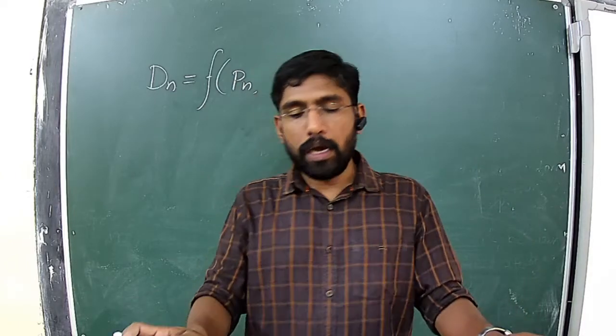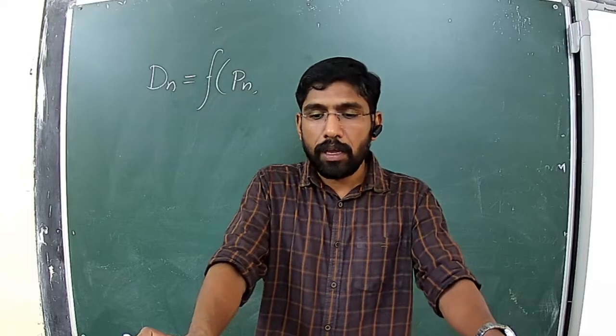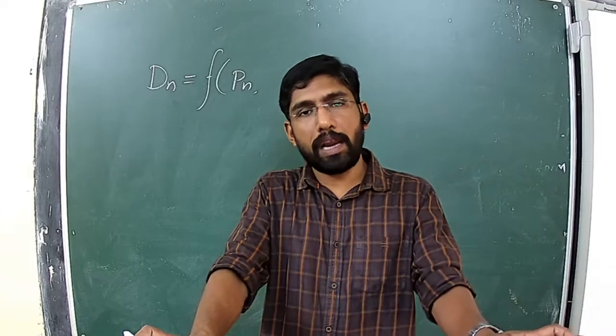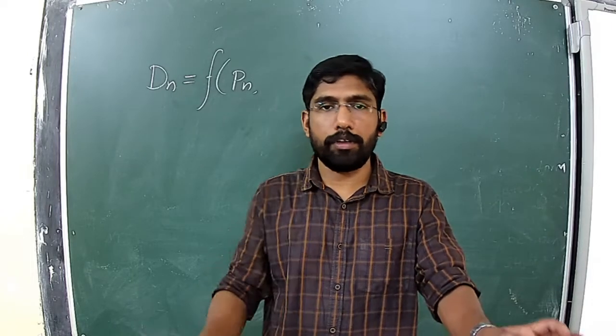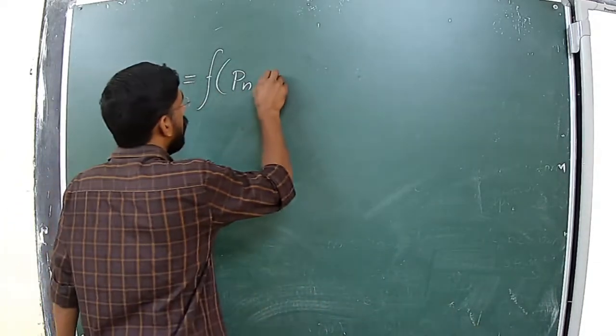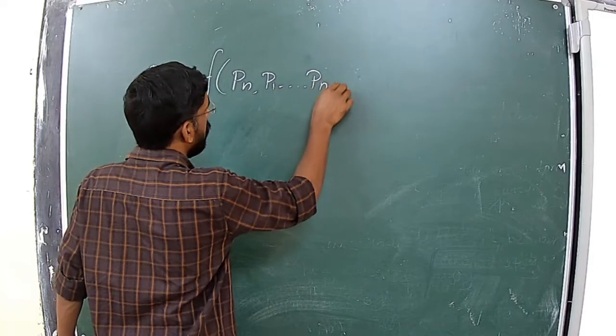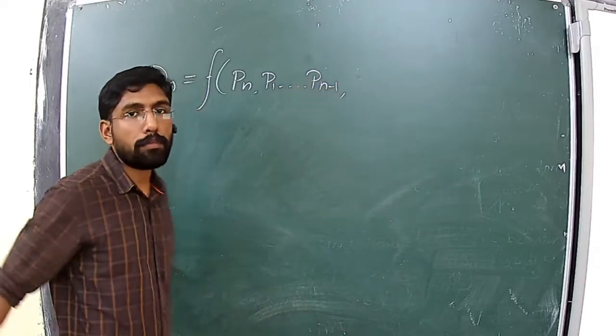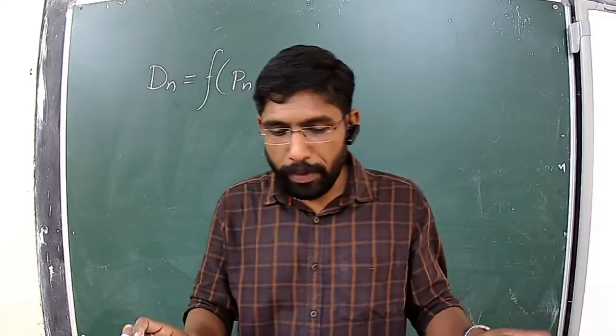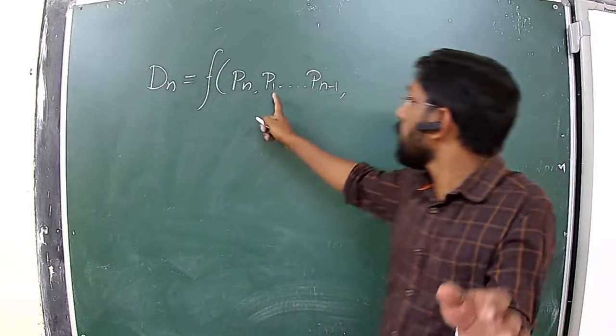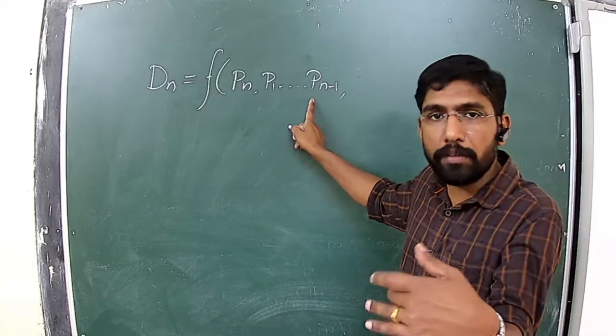Then the next one is the price of related commodities or other commodities. So it can be P1 to Pn minus 1, which means the price of other commodities.